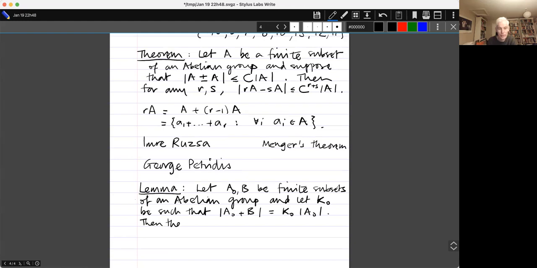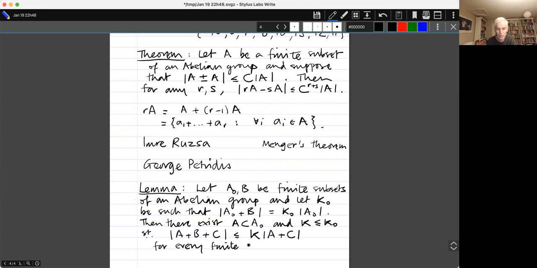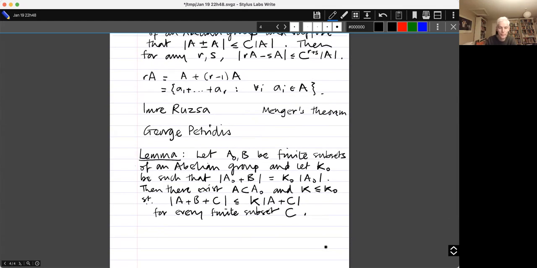Then there exist a non-empty subset A of A naught and a constant k less than or equal to k naught, such that the size of A plus B plus C is at most k times the size of A plus C for every finite subset C of the group.